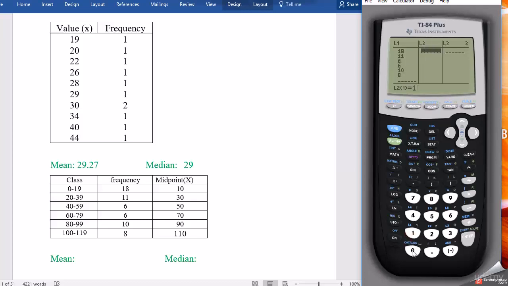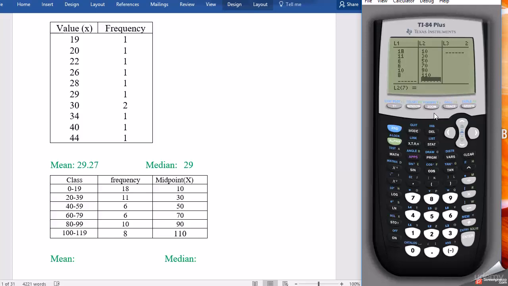And they are 10, 30, 50, enter 70, enter 90, enter, then 110, enter. So you can see we have entered the numbers in the lists. Again, L1 is the frequency and L2 is the midpoint.